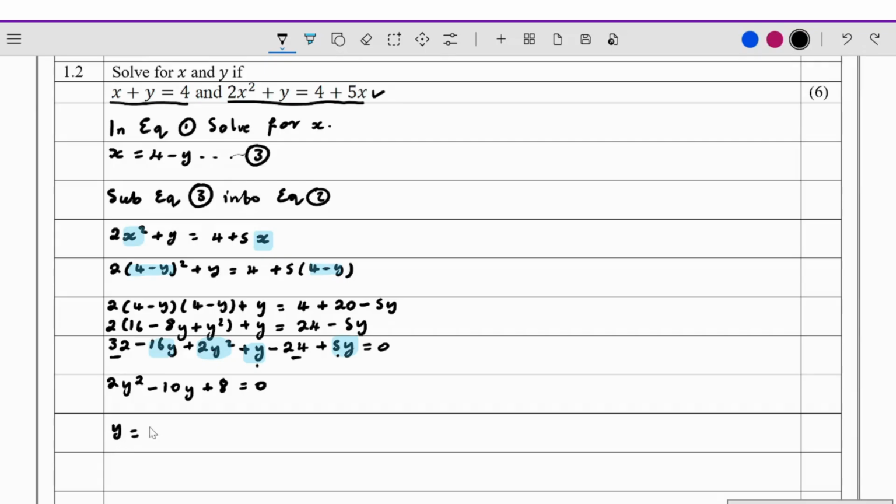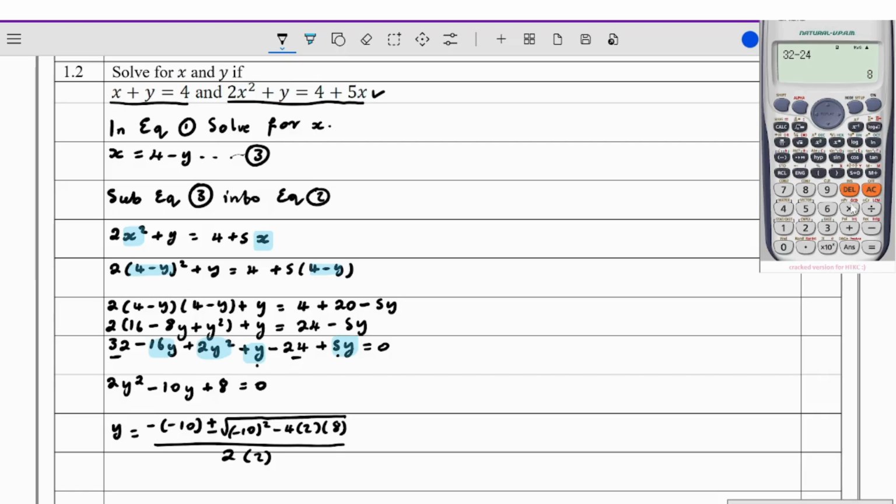So y is equal to negative into negative 10, and then plus or minus the square root of negative 10 all squared minus 4. The value of a is 2, and then you have 8 there, and then you divide everything here by 2 into 2. Let's go to our calculator and plug that in. You press your fraction button, and then negative 10 is going to give us 10, plus, because negative multiplied by negative is positive 10.